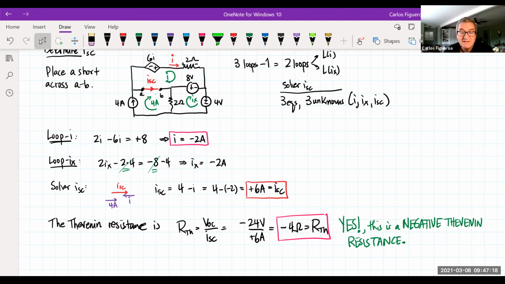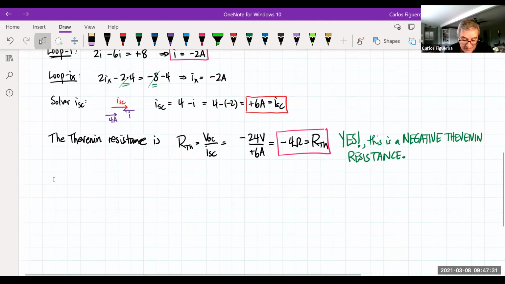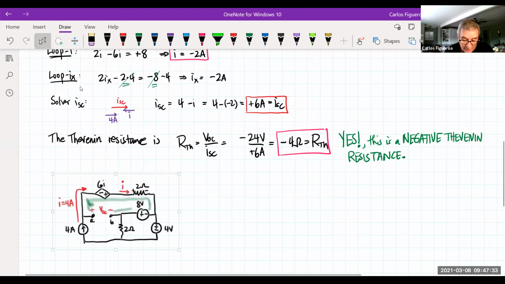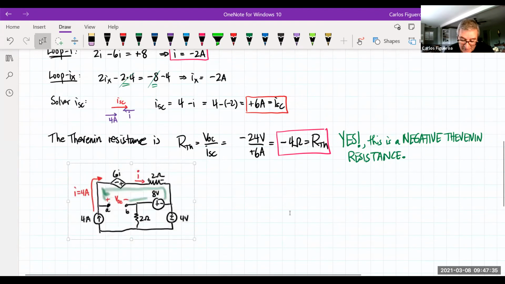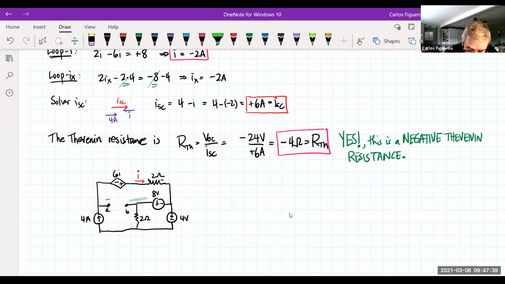So if I look at this whole circuit here, and if I was to redraw this whole circuit, I'm going to do the following thing here. Let me see if I can do this. Let me see if I still have it in my thing here. Here's my Thevenin resistance here. So when I look at my circuit here, what do I see? I can replace this circuit here with my load resistor.